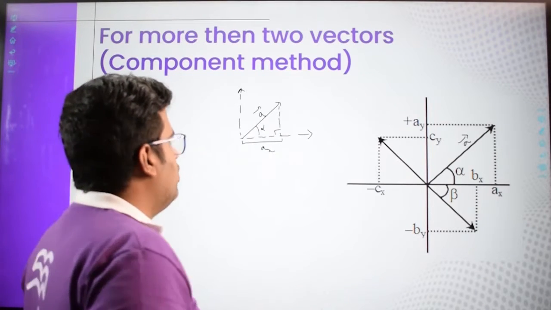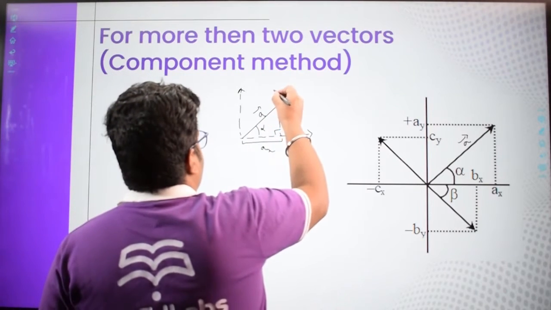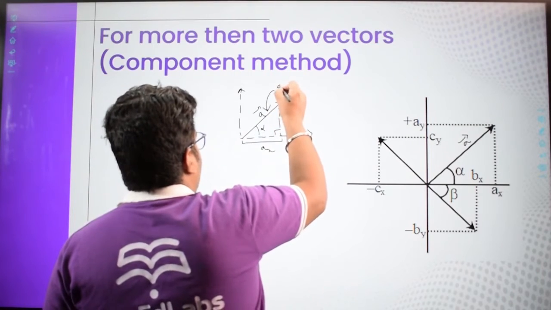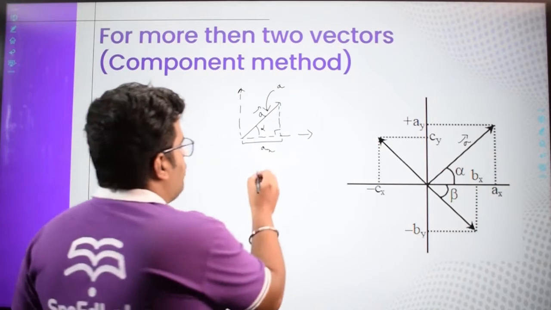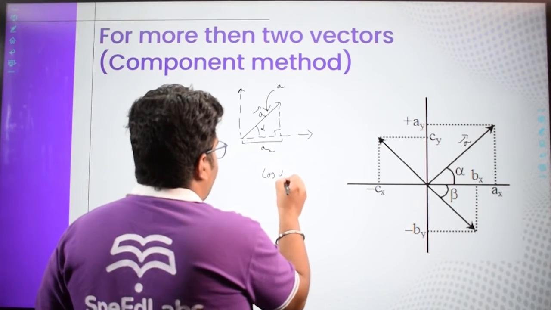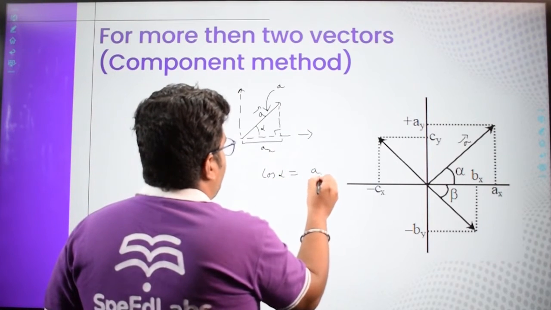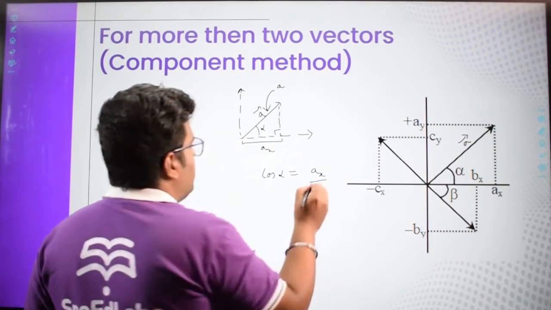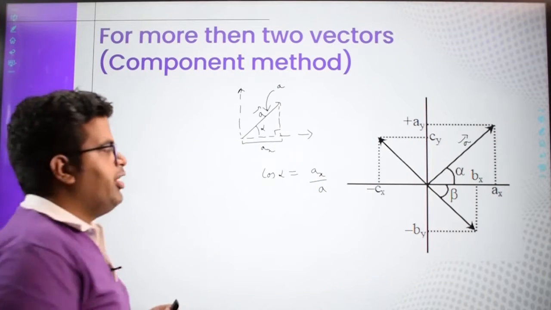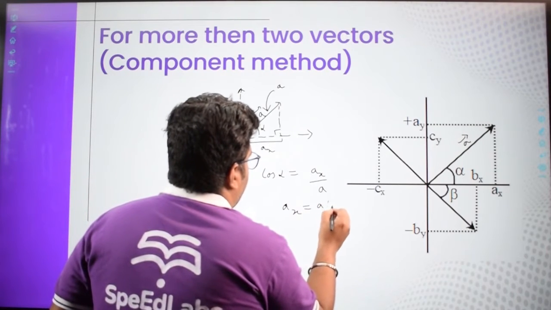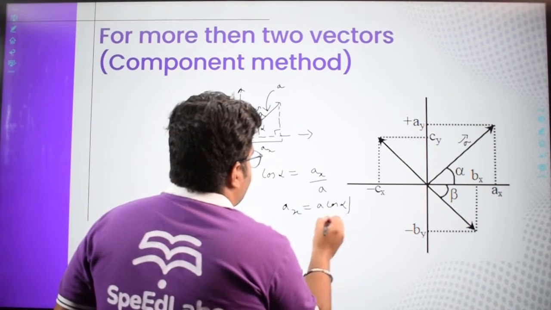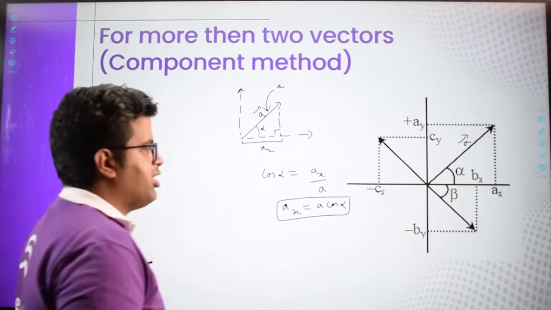Now if I ask you what will be Ax, this is going to be A, its magnitude. Now cos alpha is base upon hypotenuse. So Ax comes out as A cos alpha.